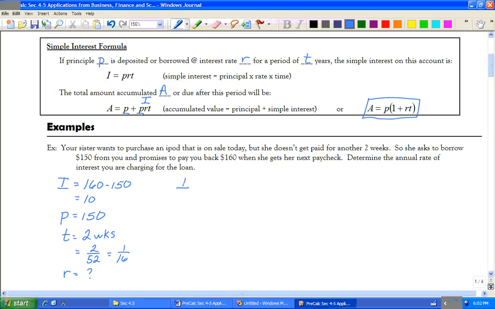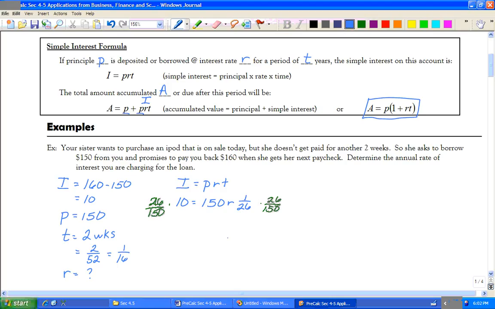So if we use the formula for simple interest, I is equal to Prt, we substitute in 10 is equal to 150 times r times 1 over 26, and we're just going to solve this by undoing. So we have 150 over 26, so if we multiply by the reciprocal, that's 26 over 150. Do that on both sides.